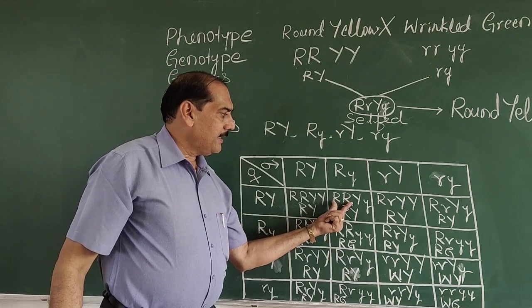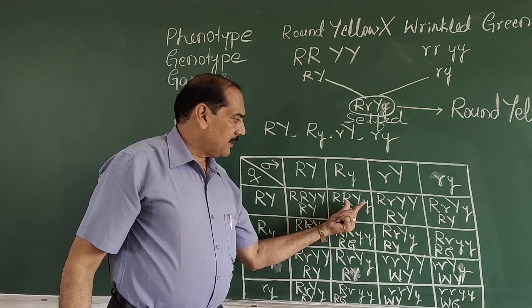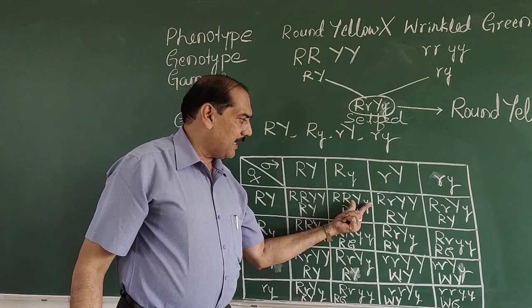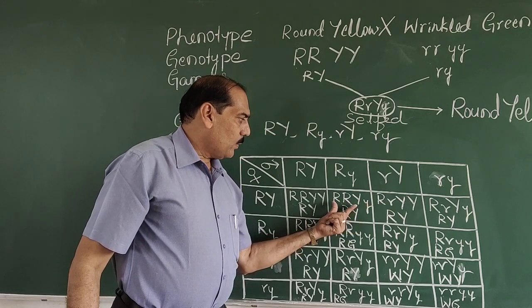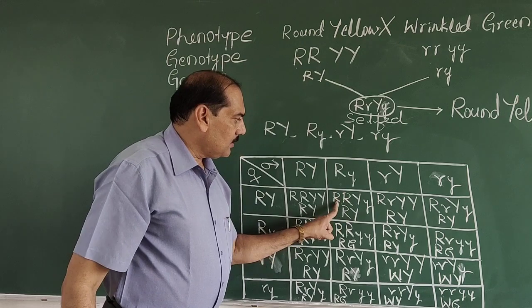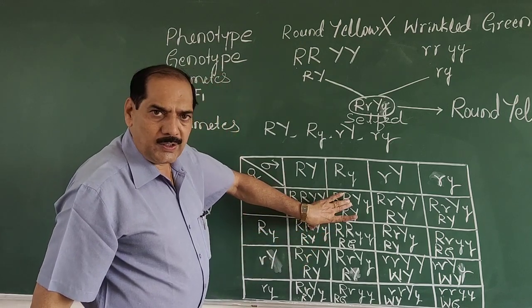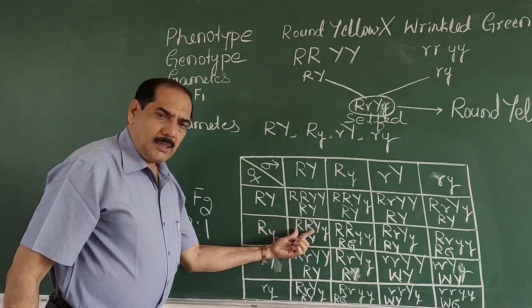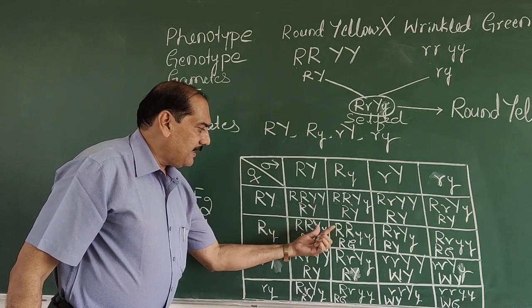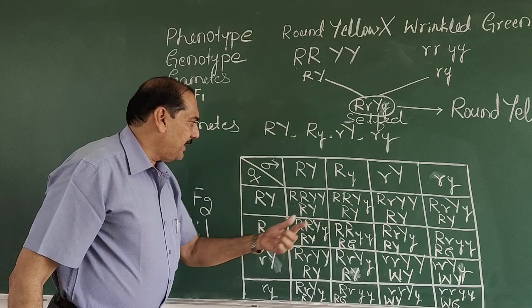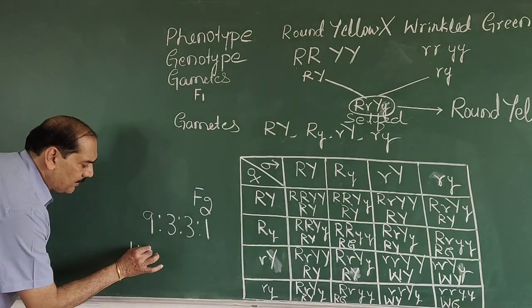Means in color 2 dominant, in shape 1 dominant. Here in shape both are dominant, in color 1 dominant, 1 recessive. How many such type? 2.